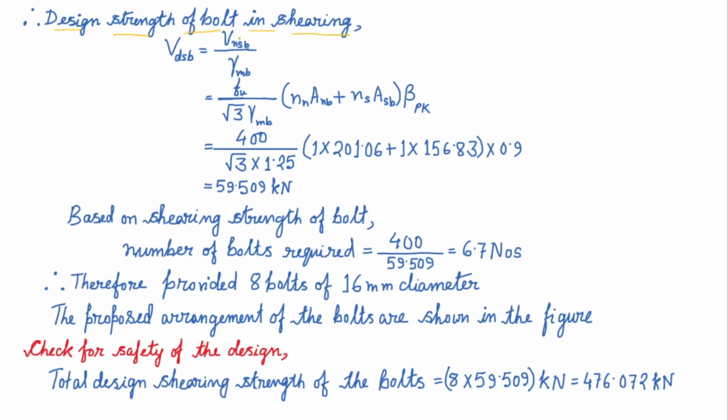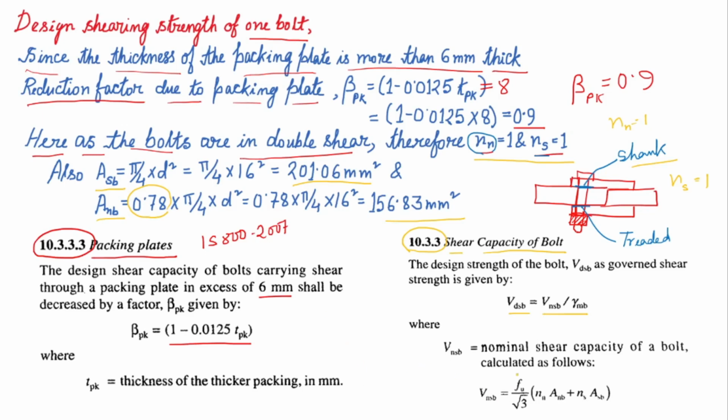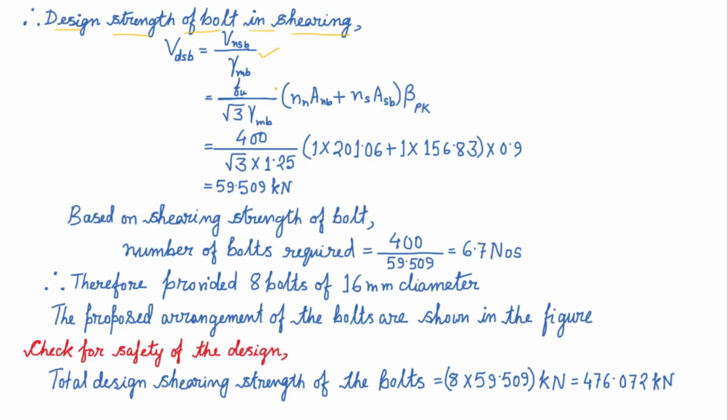So I have noted down the formula. Next, what is the Vnsb? It is fu by root 3 times Nn Anb plus Ns Asb. So I have replaced the Vnsb with the formula given in the IS code. So finally this will be the formula.